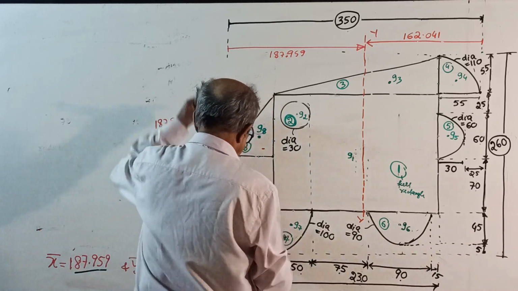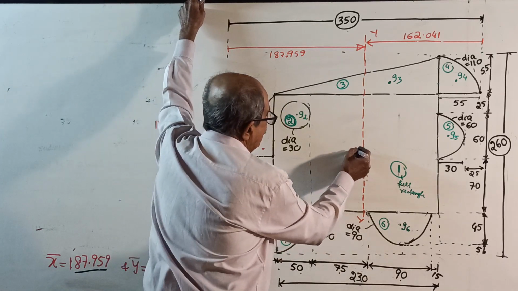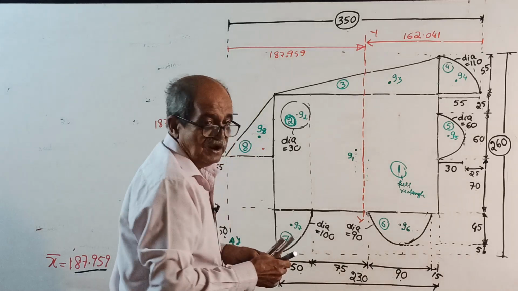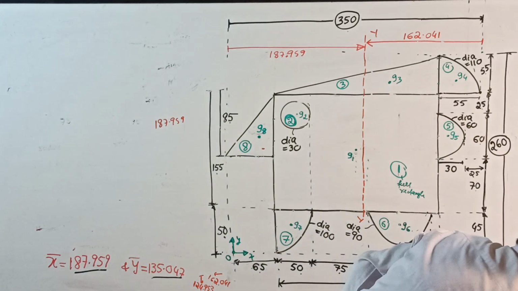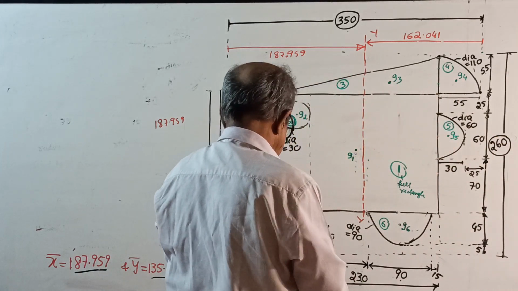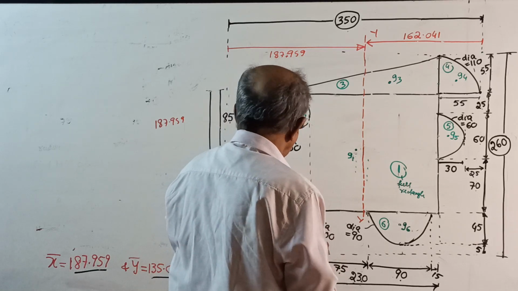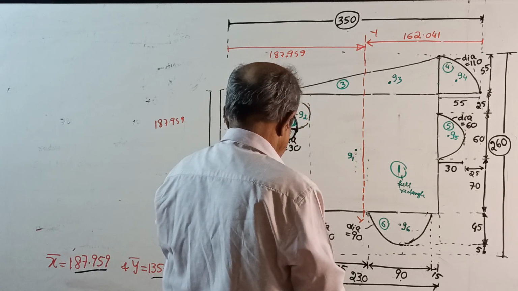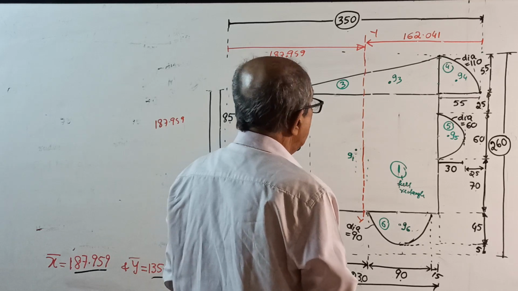This is how much? 180. 50 plus 70. See, small things, but it counts. This centroid level is how much? 50 plus 70 plus 1 by 3 of 85 is 148. 50 plus 70 plus 85 divided by 3 is 148.